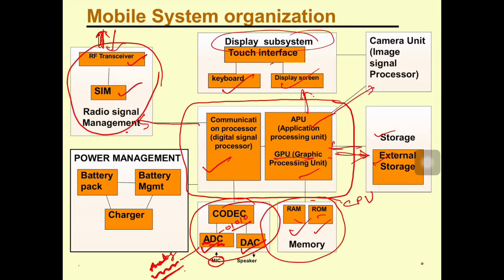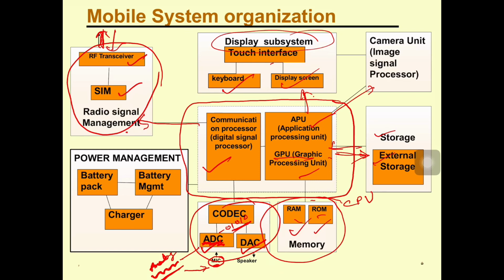This work is performed with the help of the mic. Our audio is in analog form and is received via the mic, which is the input device, and this audio is converted into digital signals with the help of the ADC, or analog to digital converter.